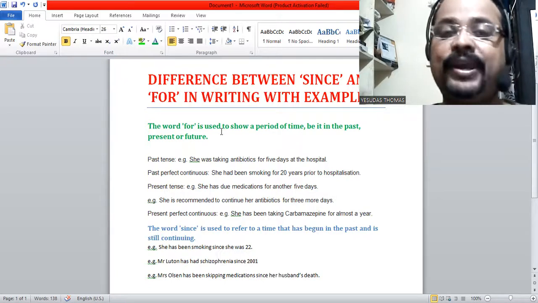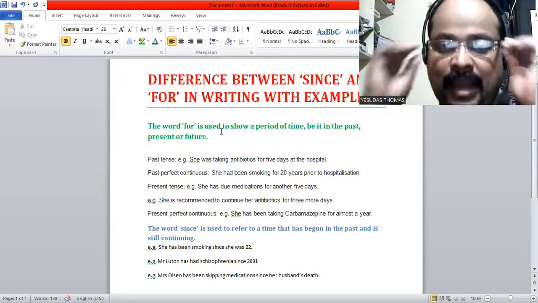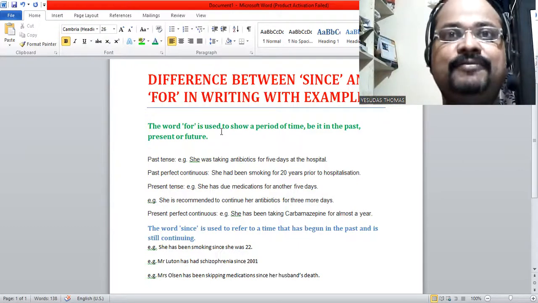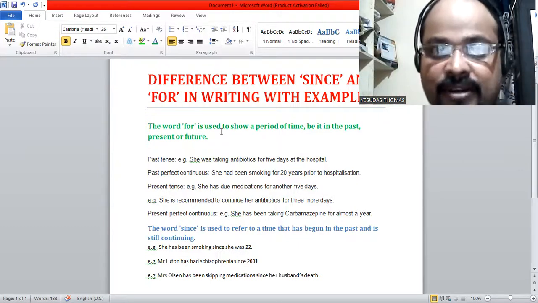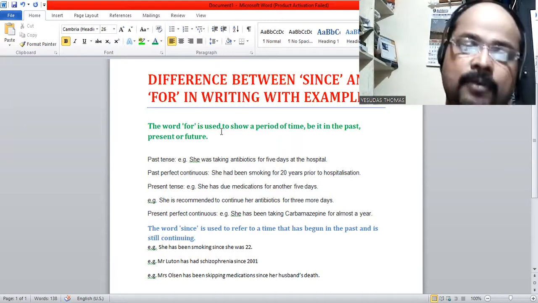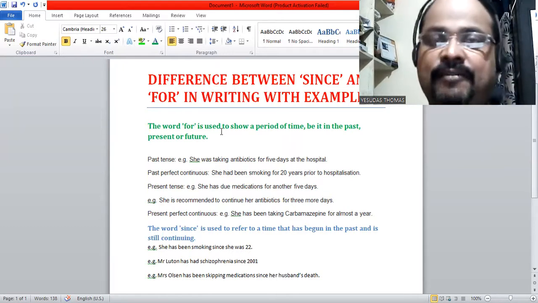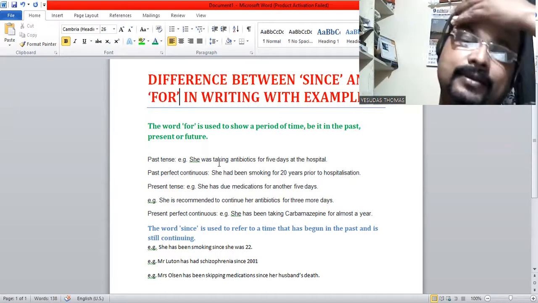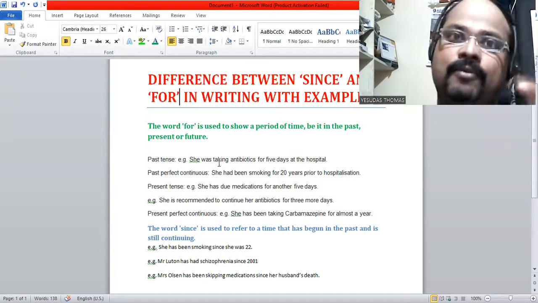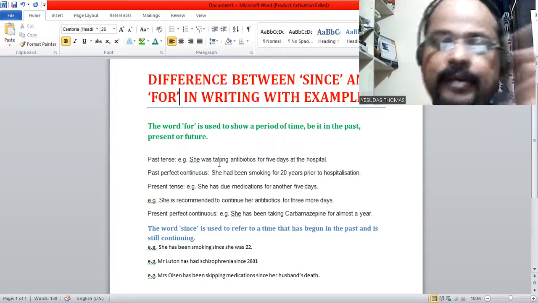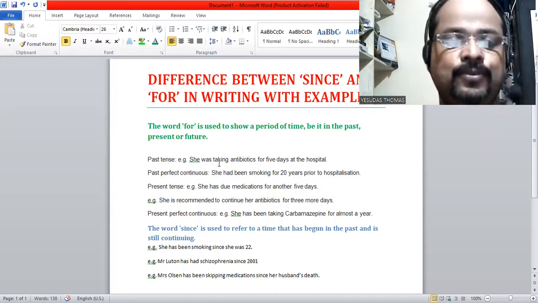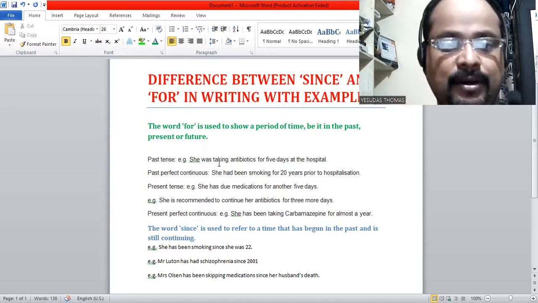It means a duration of time. It can be a week, a month, a year, 5 years, 10 years, or 100 years. You can say it starts from one point and goes to another point. So that's what we have examples here.